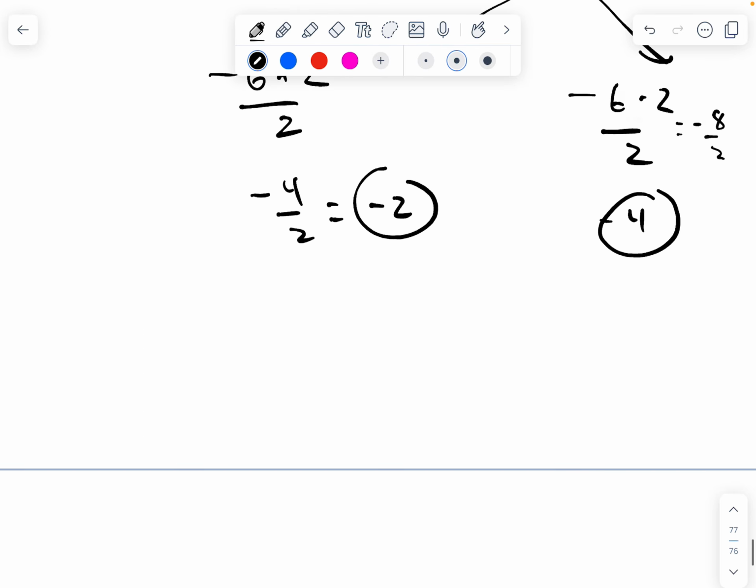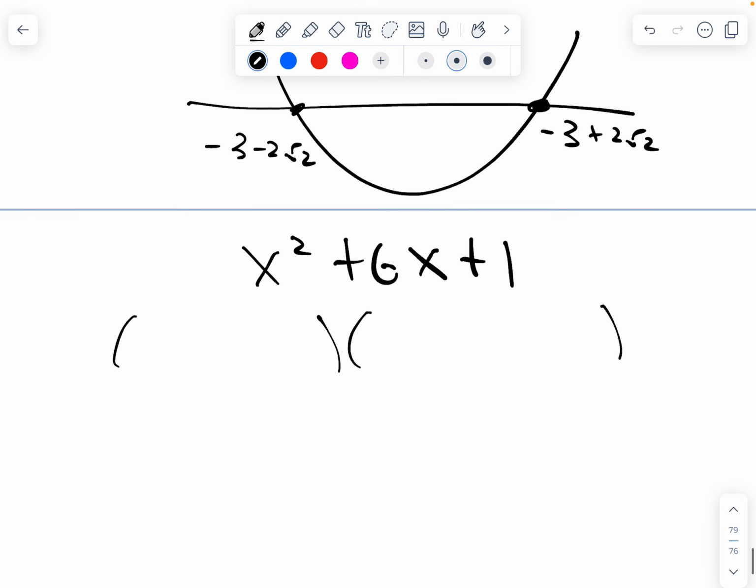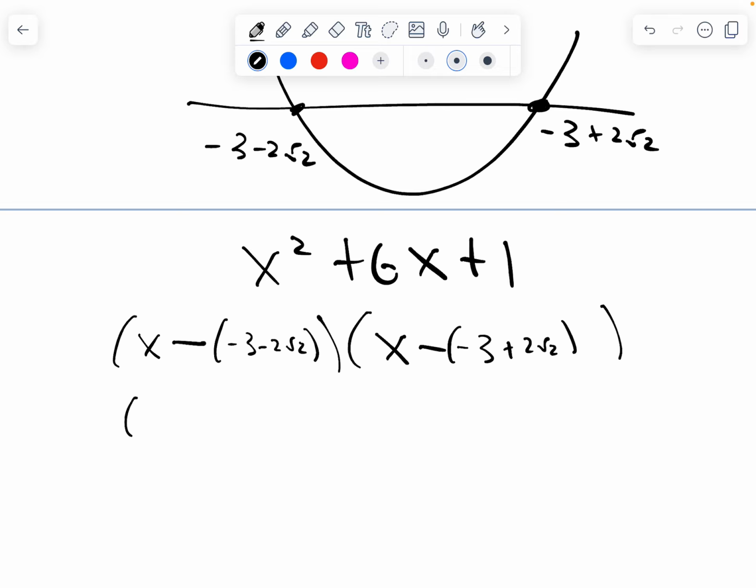We're going to do the same thing, and right here, we're going to say x minus negative 3 minus 2 square roots of 2, and x minus negative 3 plus 2 square roots of 2. And that is how you factor that. Let's clean that up a little bit: x plus 3 plus 2 square roots of 2, and x plus 3 minus 2 square roots of 2.